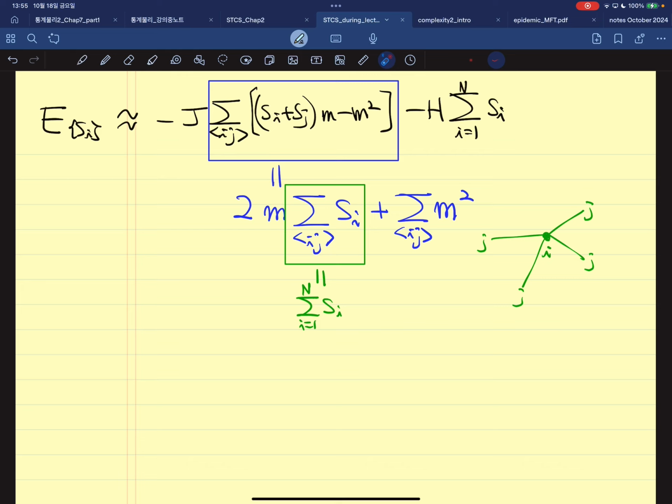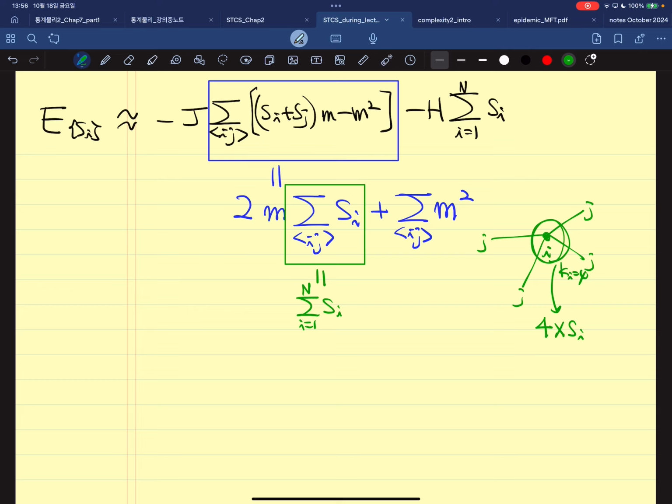It only deals with this Si, 4 times right here, because the degree of I is 4. And we are summing over all the possible I here. So it's like summing all the spin variables.